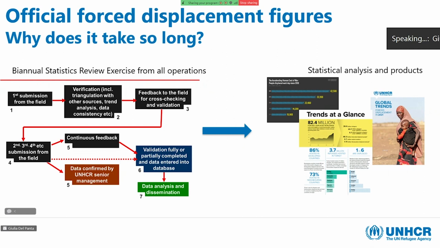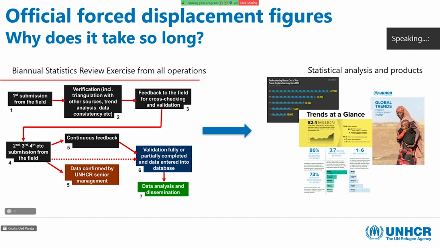And then it's fed back to them what needs to be changed. This is basically a cycle that takes a while. Then it's sent to headquarters where it's validated again, reviewed again, and then it has to be confirmed by senior management. So this all takes a very long time, which explains the lag of 4 to 6 months that we experience when the trends are published.